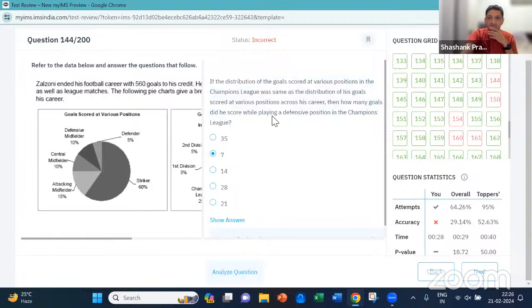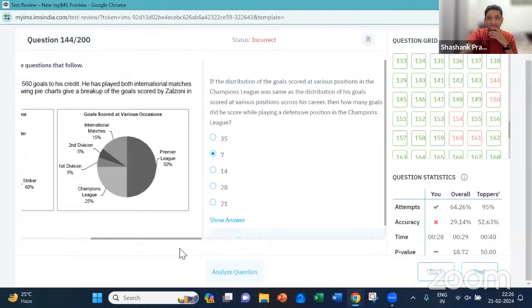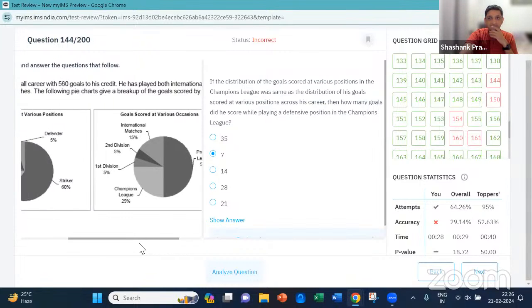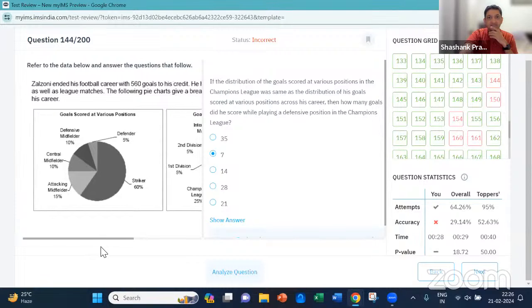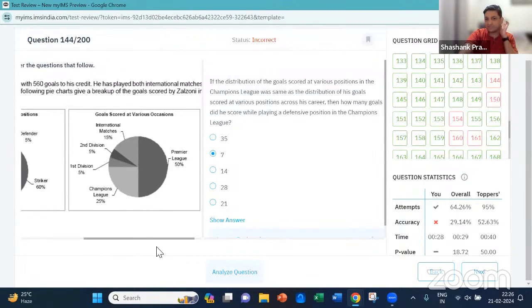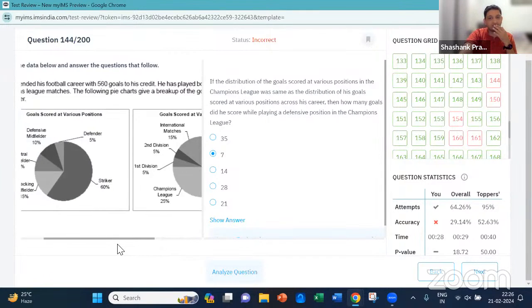How this went wrong. Defensive in the Champions League, na? Champions League was same as Champions League 25%, eh? And as a defender, right? The defensive position, 5%. 5% of 25%. So 5% of 140.